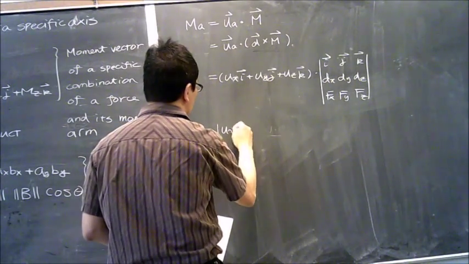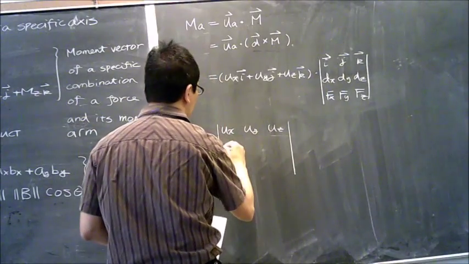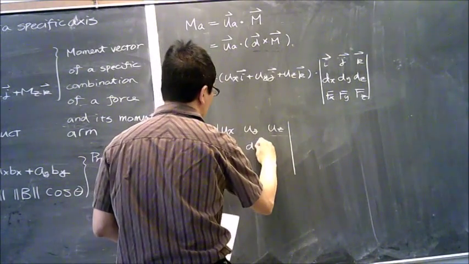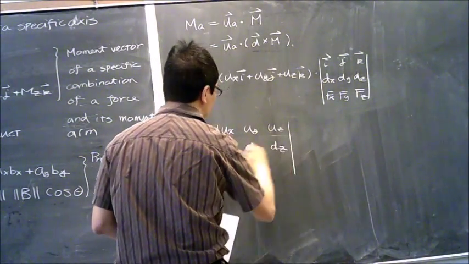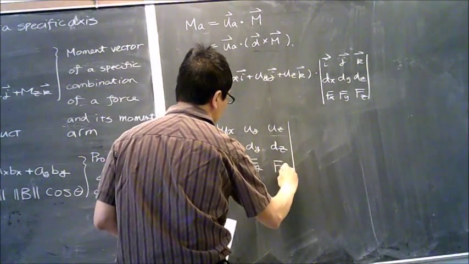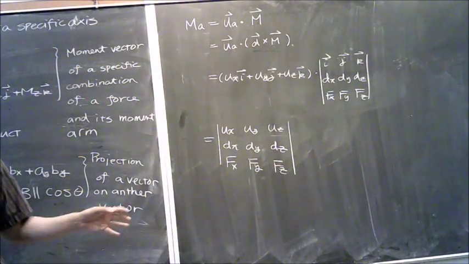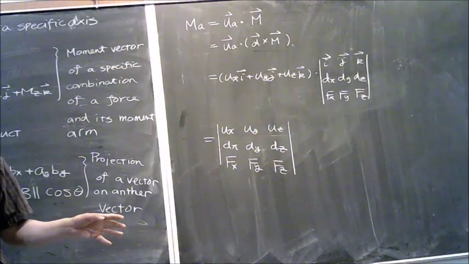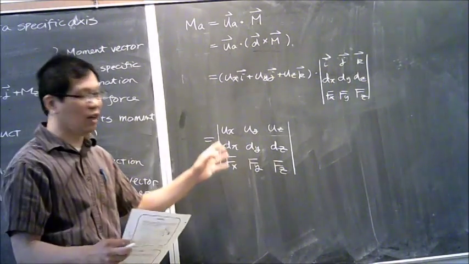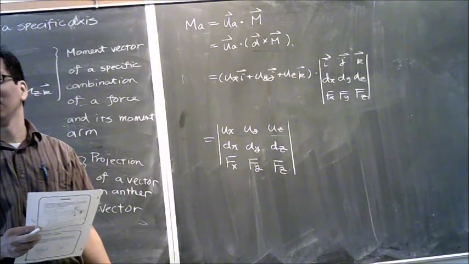And just put ux, uy, and uz. Then you just use one. I know it's still somewhat tedious to calculate, but it will be easier doing this.